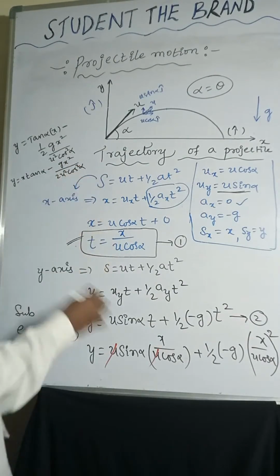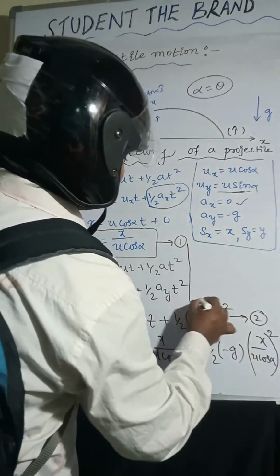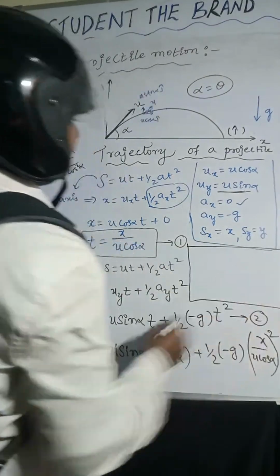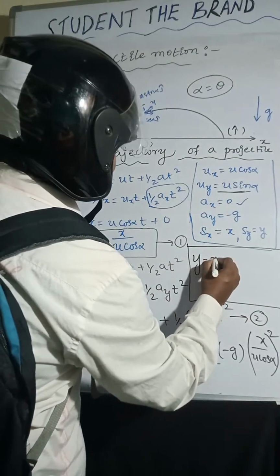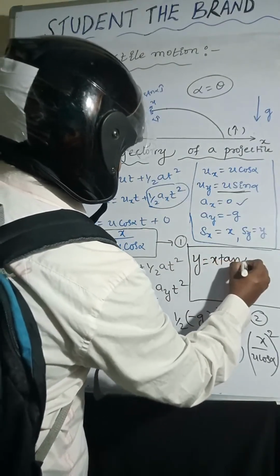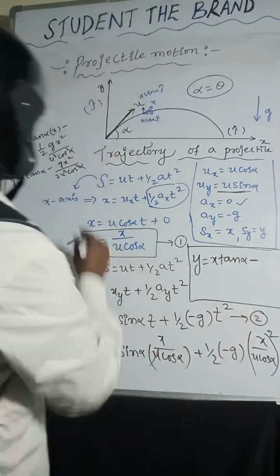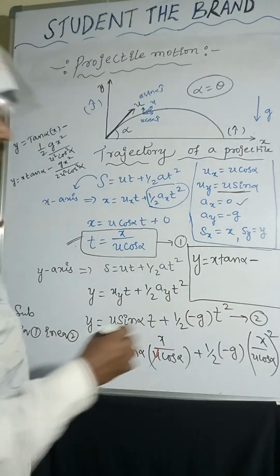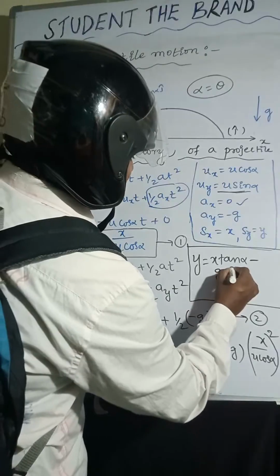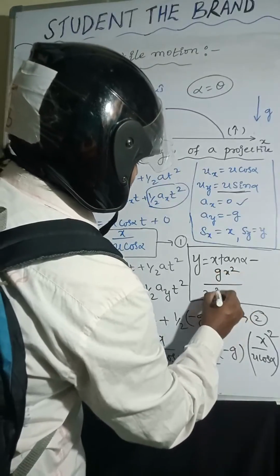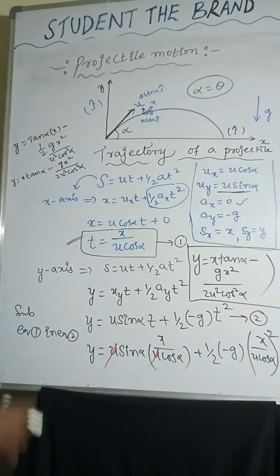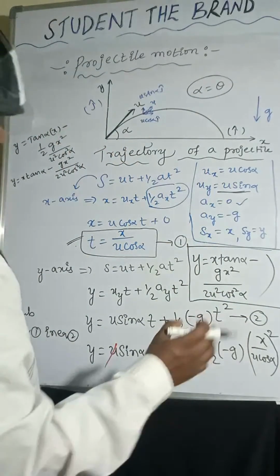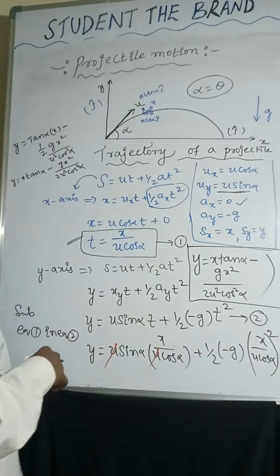I'll write it here so you can check it once. Final equation: y equal to x tan alpha minus g x square by 2u square cos square alpha. That is the final equation, a very, very important equation.